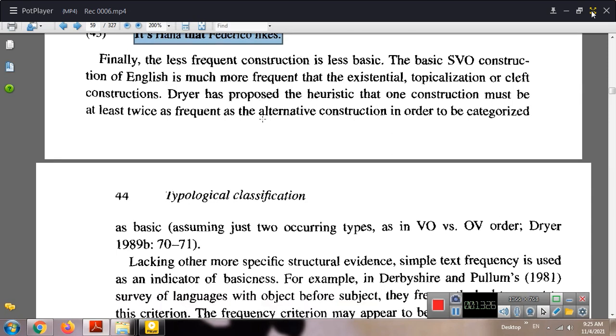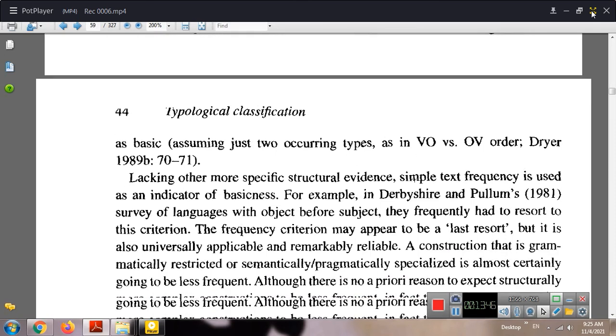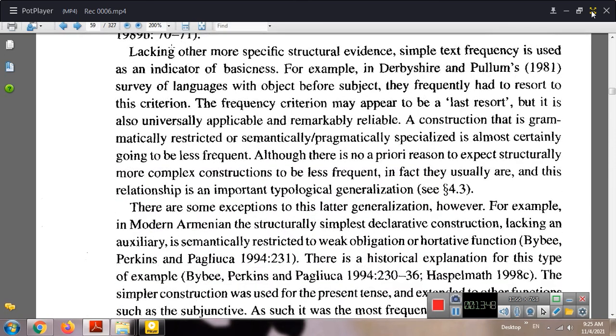Dryer has proposed the heuristic that one construction must be at least twice as frequent as the alternative construction in order to be categorized as basic, assuming just two occurring types as verb-object versus the object-verb order. Lacking other more specific structural evidence, simple text frequency is used as an indicator of basicness.